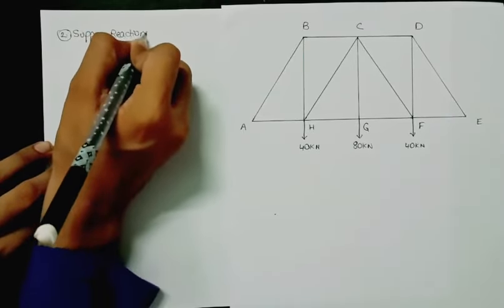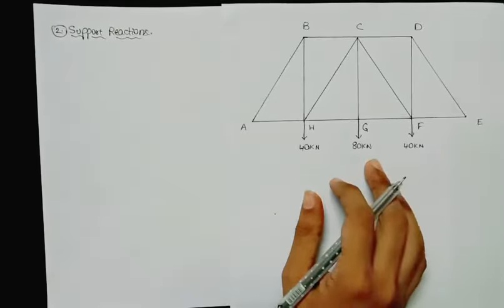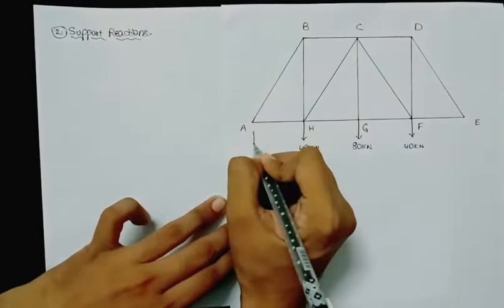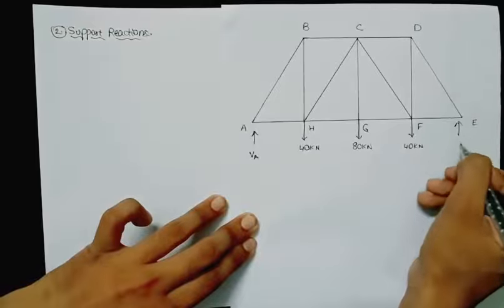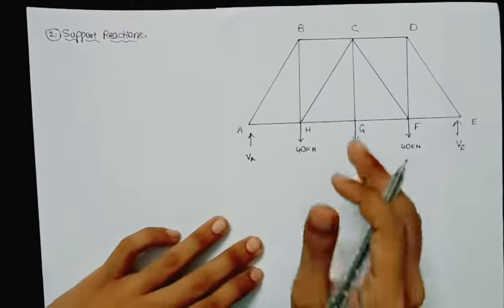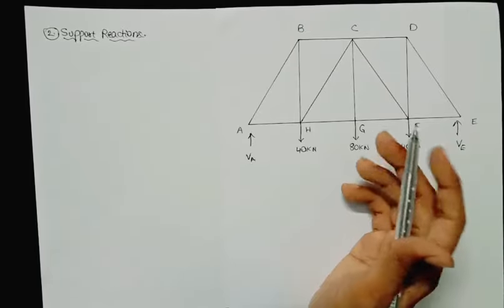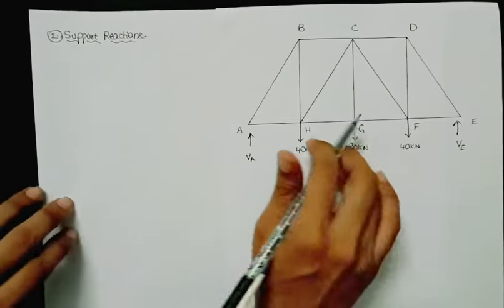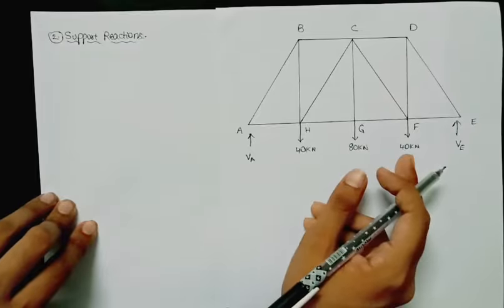The calculation of support reactions is very easy. As you can observe, there is one vertical reaction at A, let it be VA, and one vertical reaction at E, let it be VE. The truss is symmetrical about the y-axis. In this case each reaction will be equal to the total load divided by 2.